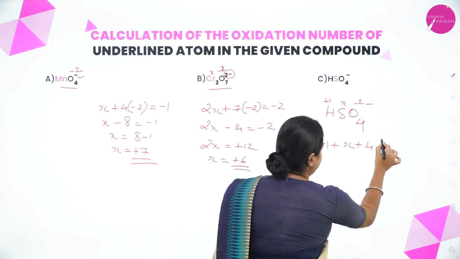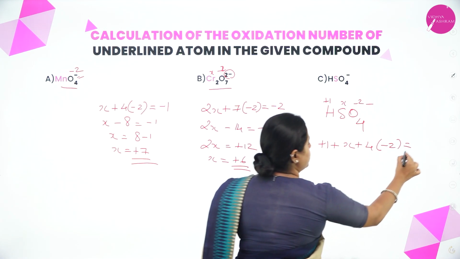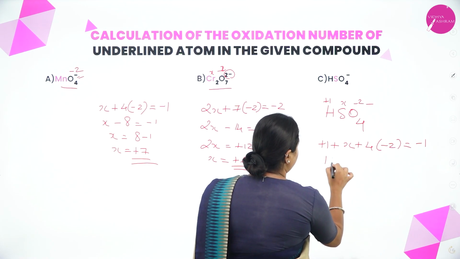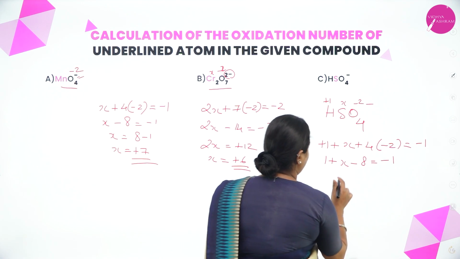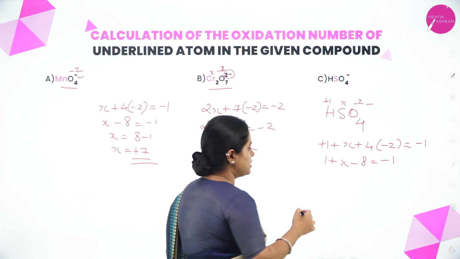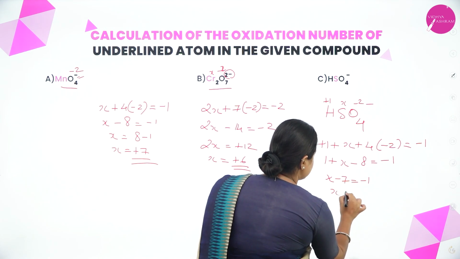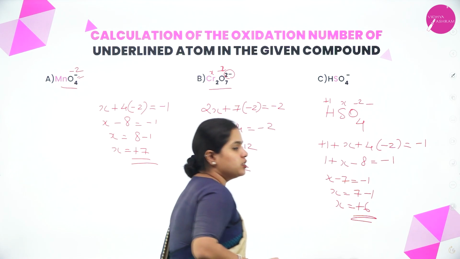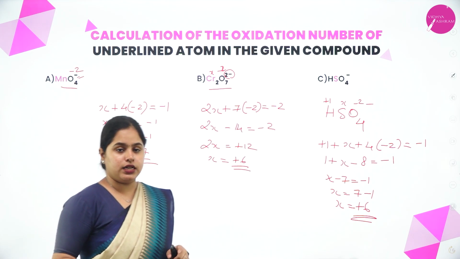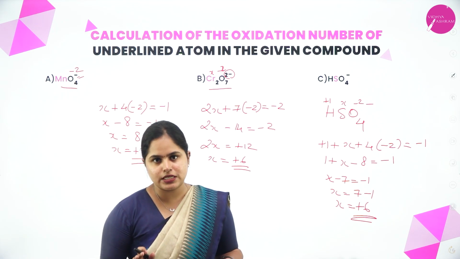So 4 into minus 2 will be equal to what? A minus 1 charge is there. So it is equal to minus 1. So 1 plus X, 4 into minus 2 is minus 8, is equal to minus 1. 1 minus 8 is minus 7, right? X minus 7 will be equal to minus 1. X is equal to 7 minus 1, and X is equal to plus 6. So the oxidation number of sulfur in HSO4 minus is also plus 6. So I hope it is clear, right?